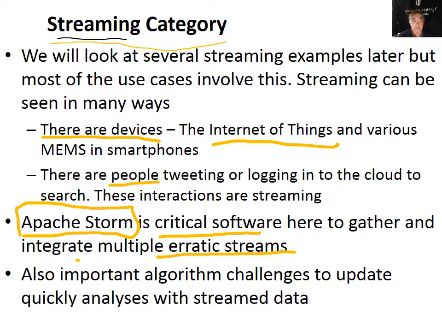So they're completely asynchronous and erratic. However, each of them is independent and relatively small. None of these devices in the Internet of Things or people are producing lots of data. The sum over all people is lots, but not any one person. So in the cloud, they can be supported by multiple cores, each core doing one thing or a few things or a few people.